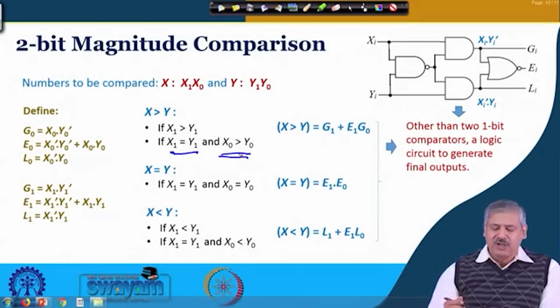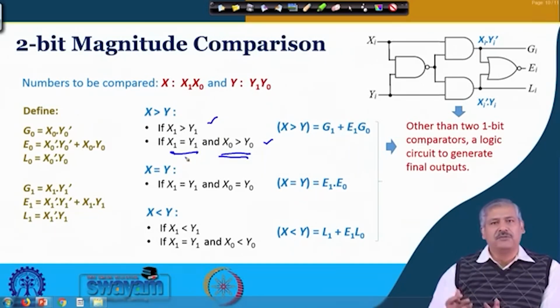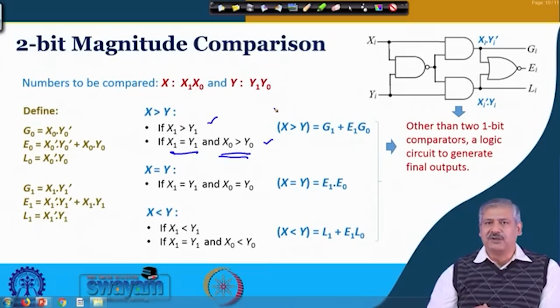So, basically we are looking whether x1 is greater than y1 and also we are looking at x0 is greater than y0 when x1 is equal to y1. Now, if we remember the way we had done 1 bit comparison generation, x1 greater than y1 we can get if we do 1 bit comparison of x1 and y1. Whether x1 is equal to y1 we can get by 1 bit comparison of again x1 and y1, where the x is equal to y output is looked at, and x0 y0 will come from 1 bit comparison of the lower significant bits x0 and y0.